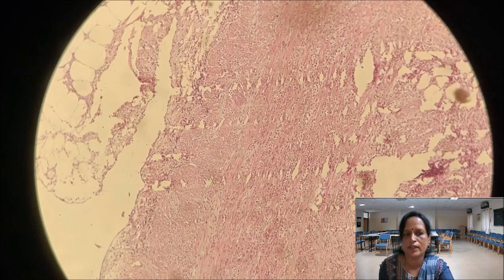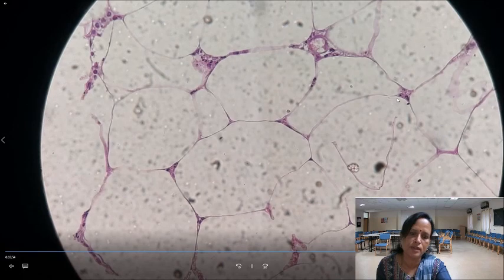So I'm just trying to focus this under high power. All this is fat. So you have learnt about why fat appears empty also, and how we demonstrate fat with frozen section. This is the lymphoid follicle, that's why we are seeing lymphocytes there.